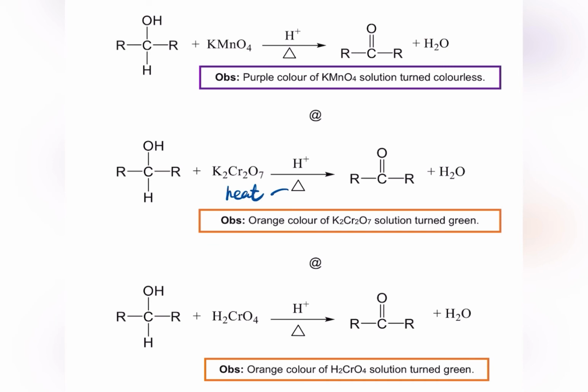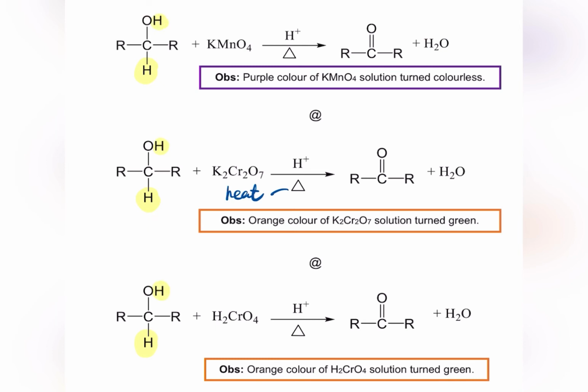So let's continue with how the product will form. As I mentioned before, if you want to do the oxidation, you need the presence of reducing hydrogen. In secondary alcohol, you still have a reducing hydrogen, so this reducing hydrogen can make the reaction progress. It reacts with the strong oxidizing agent, and what is left is ketone, where you get rid of H from here and another H from the hydroxyl group, making a double bond between carbon and oxygen.